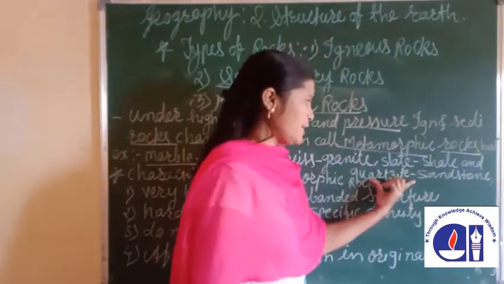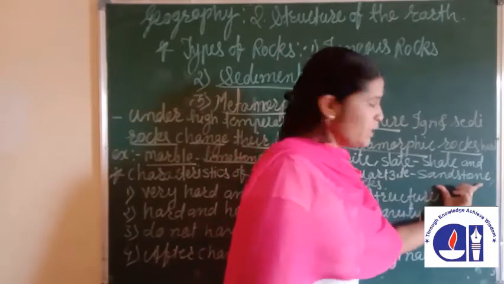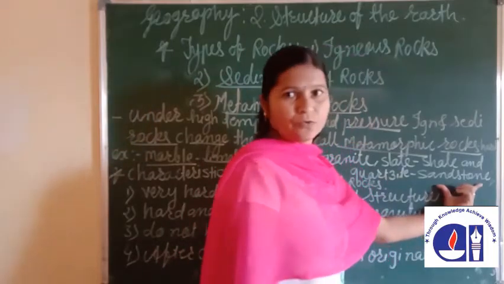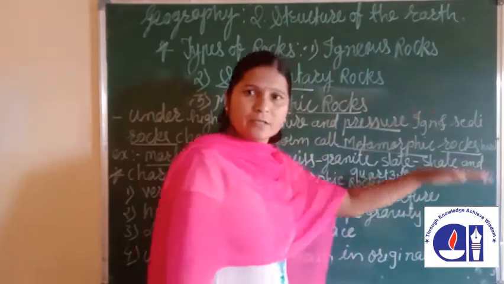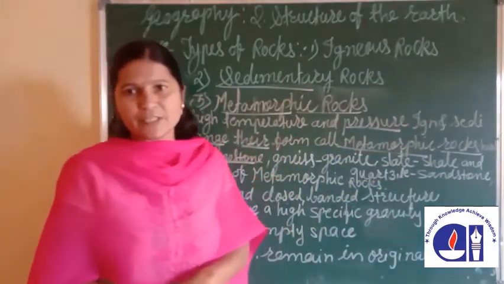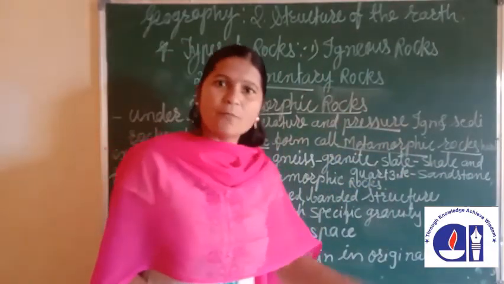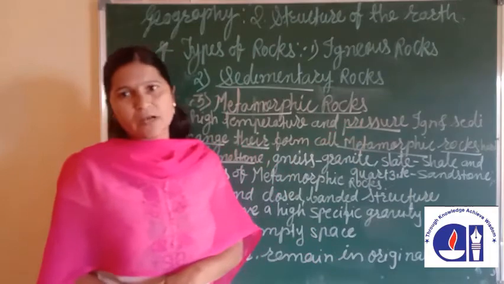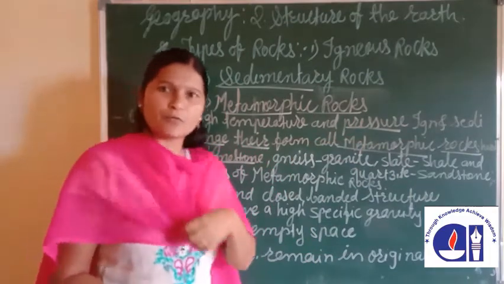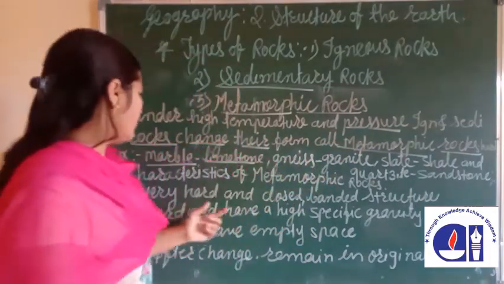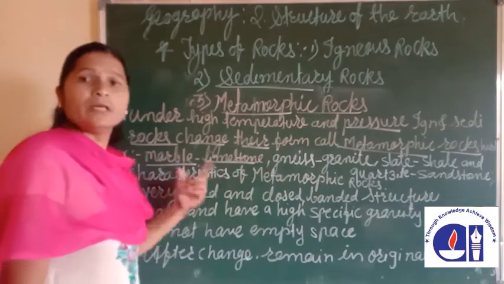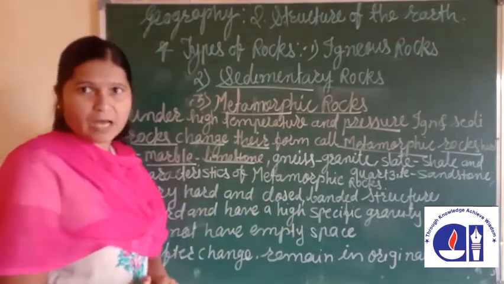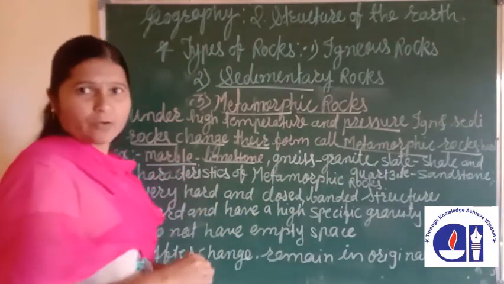And quartzite, which changed from sandstone. So in this way, igneous rocks and sedimentary rocks change into a new form, and some rocks are formed which are known as metamorphic rocks. The examples are here. Now, there are also some characteristics of metamorphic rocks.